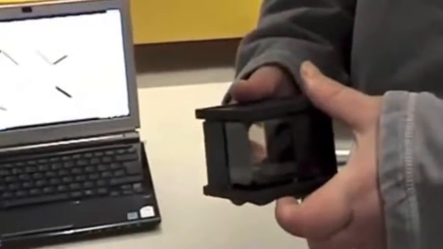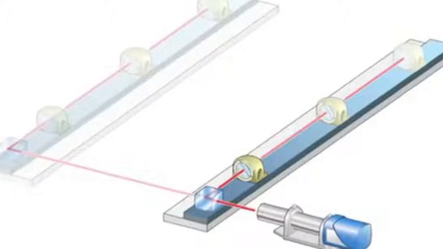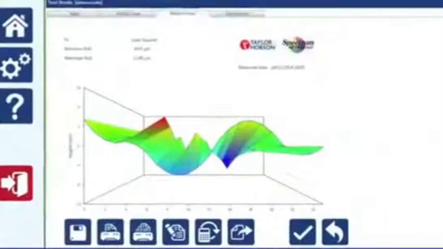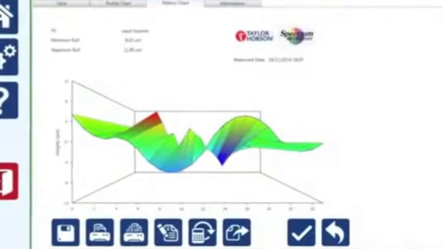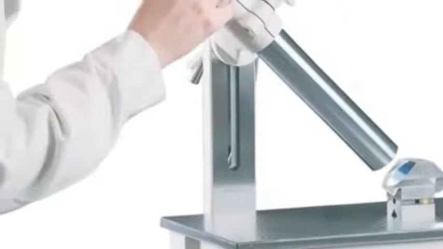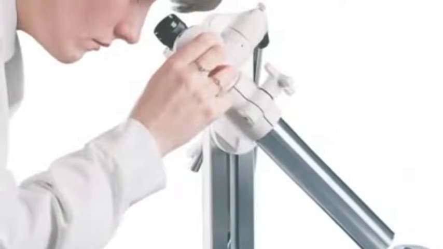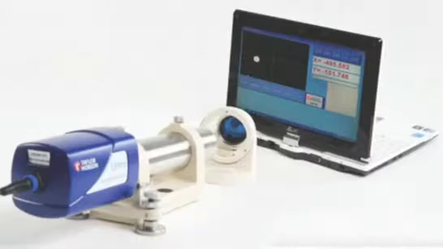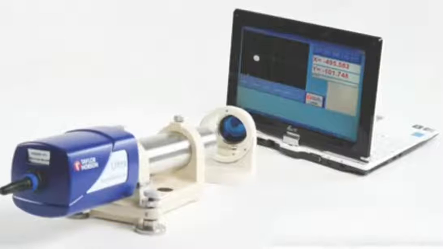With the addition of an optical square, you can measure squareness and also parallelism. With the addition of the Tallyvale electronic level, we can also measure twist or roll. Hopefully this short guide has been of some help to you. If you need any more information or further training, please contact us at Spectrum Metrology. Thank you.